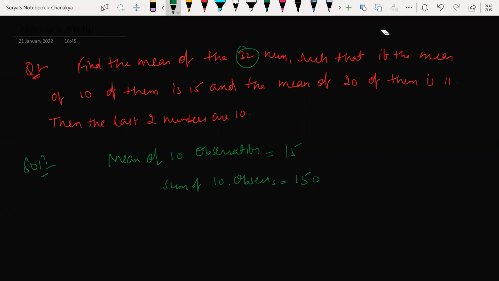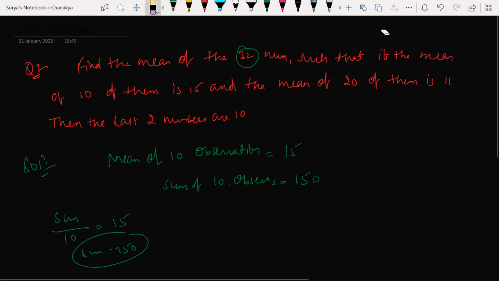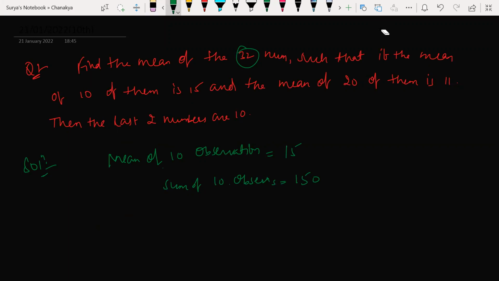Why? Because mean is nothing but the sum divided by the total number of observations, which is equal to 15. So the sum will be 15 into 10, 150, right? Okay, that is what we write.